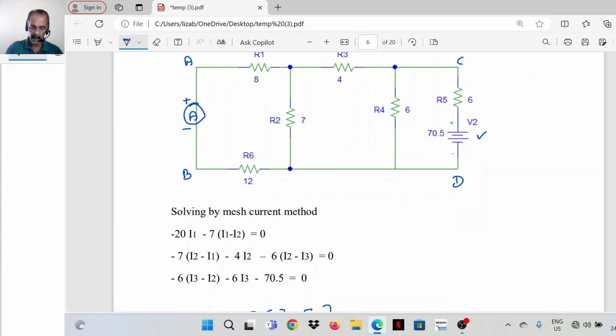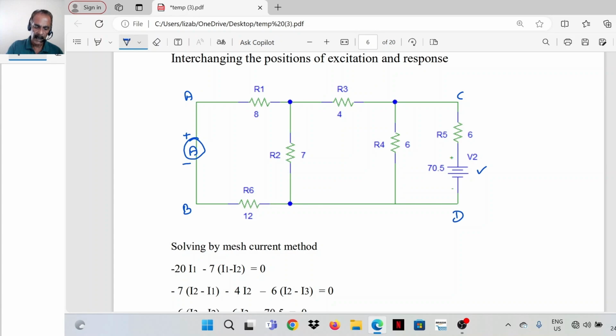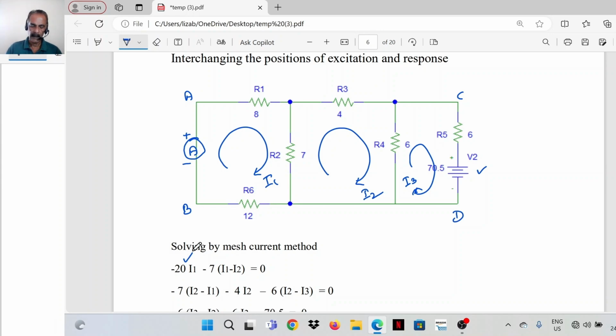Or in this case, it is done by the mesh current method. I1, I2, I3. So writing mesh current equations. Here R1 is 8, R6 is 12, so 20 minus I1 into 20, then minus (I1 minus I2) into 7.